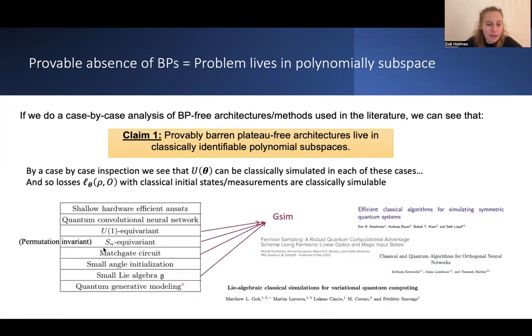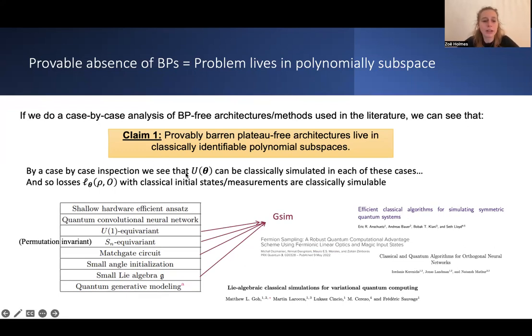And then there's another family of approaches. All of these symmetry-based architectures for avoiding barren plateaus can be simulated using broadly what is known as GSIM. GSIM is a recent paper put out by the Lausanne team on a Lie algebraic method for classical simulation, and what it really does is tie together a bunch of methods that are already understood for simulating highly symmetrized problems.